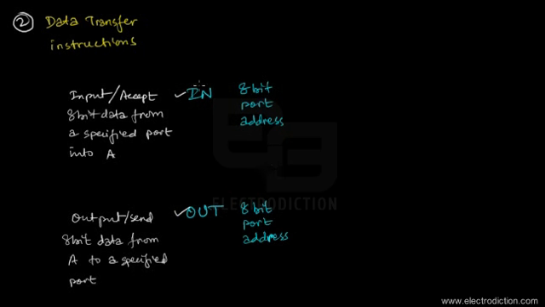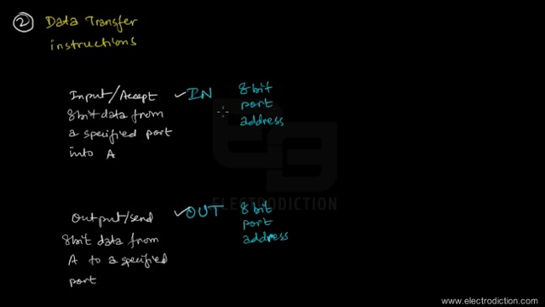Whenever we're using the IN instruction, we write the code as IN and give the name of a specified 8-bit port address, which is the address of an input port in this case.